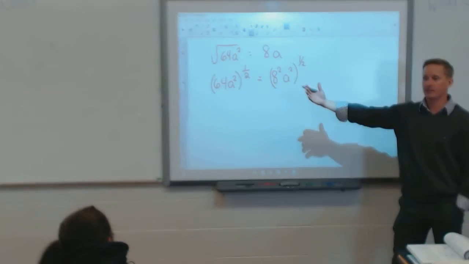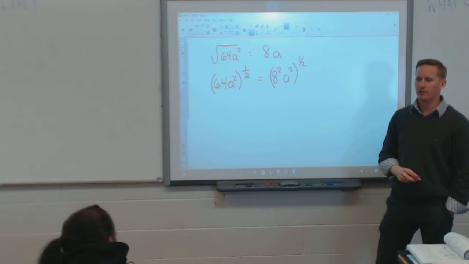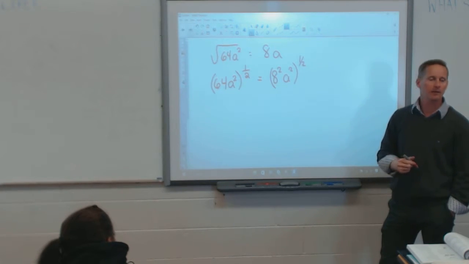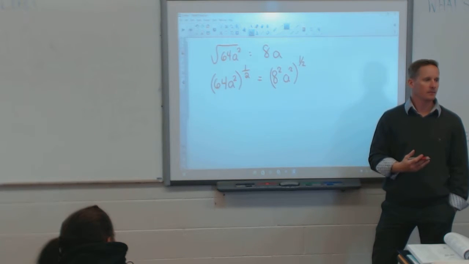Okay, this is going to lead us into tomorrow. What do I do when I have an exponent to an exponent? What do I do with the exponents? Anybody remember? Combine them, how? Adding? No, I'll show you why in a second. You multiply them.